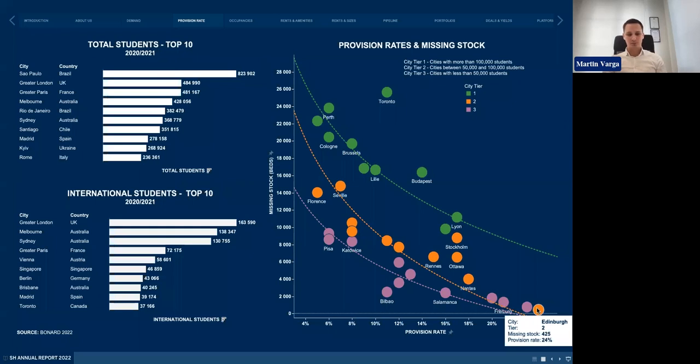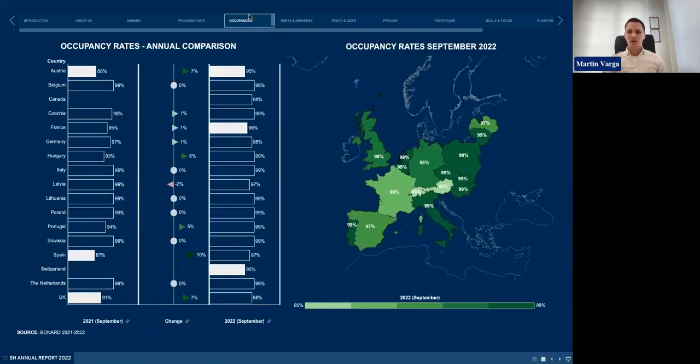And altogether, the low provision rates, the higher demand enrollment, together with such a low operational stock in the markets, were reflected also in occupancies. In post-pandemic times, the PBSA asset class recorded another year of very high occupancy rates across all the countries.